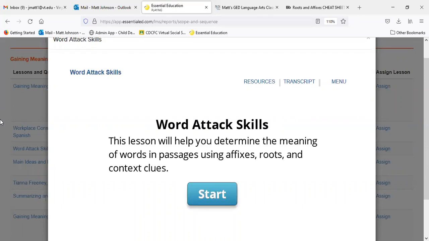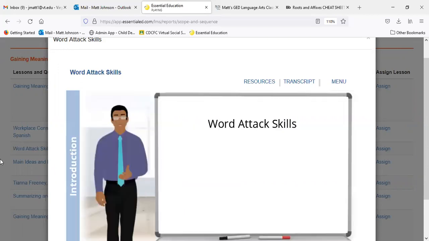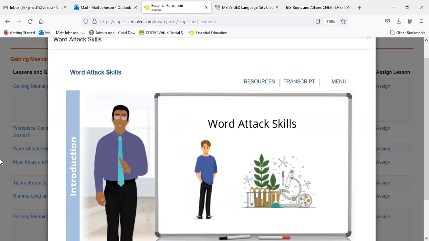Hey there. This is the lesson on word attack skills. This lesson will help you determine the meaning of words and passages using affixes, roots, and context clues. Recently, my friend Bastian came to me for some advice. His daughter, Evelyn, had asked him for help with her biology homework. Unfortunately, Bastian couldn't understand his daughter's reading assignment.